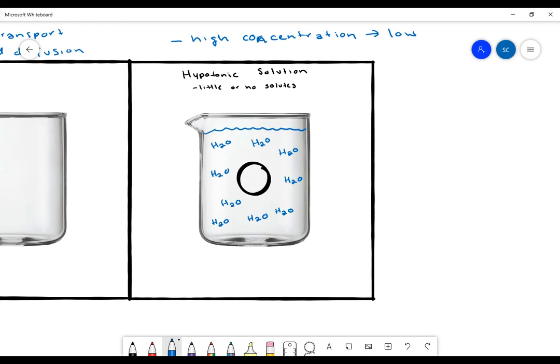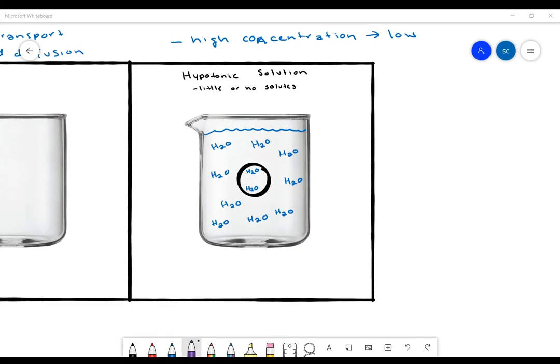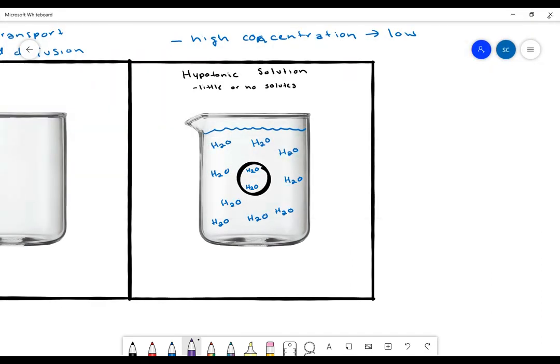Again, remembering that inside the cell those water molecules still exist, and inside the cell you also always have those salts as well. Those are always going to be inside the cell, taking up space. So in this example, the water on the outside of the cell is a much higher concentration. There's much more water on the outside of the cell versus on the inside of the cell.